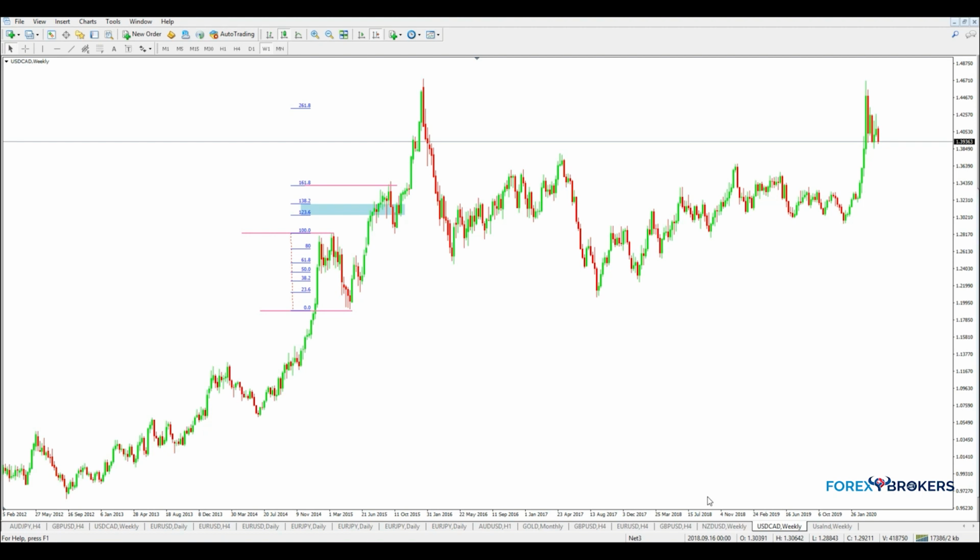How about when the market has the power to expand more than 138.2? Now that's bullish in a rising trend and bearish in a bearish trend. So as a continuation to the example of the New Zealand dollar US dollar, what we see here is the market making a new higher high, crossing through the 123, 138 area, closing above, which is bullish, piercing the 161.8.